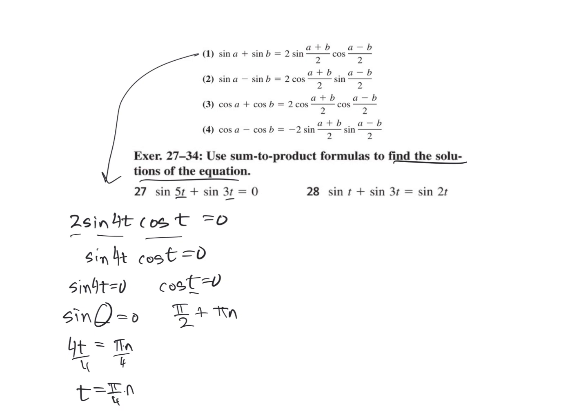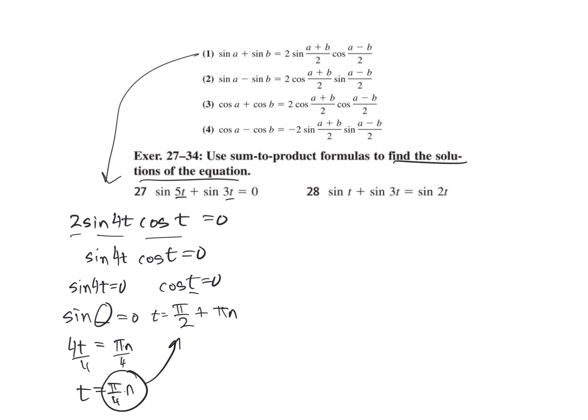And that's what makes it equal 0. So t equals pi over 2 plus pi n. But here's the thing. The answer is just pi over 4 n. Because if we add pi over 4 plus pi over 4, it gets us to pi over 2. Okay, so every pi over 4 is going to hit everything. So the answer should be pi over 4 times n.